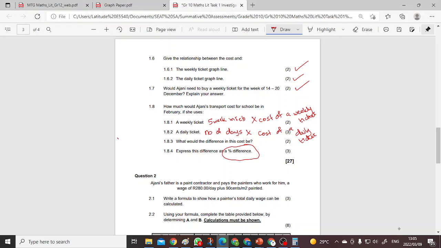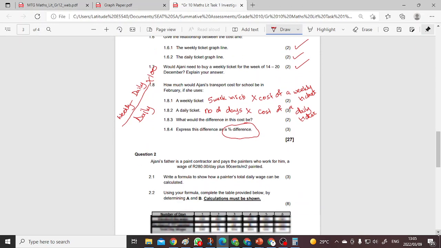It is weekly, or whichever one is higher, minus daily as a difference. So they're saying weekly minus daily. So the difference in cost, express this difference as a percent difference over this daily one times 100. Okay, that is how you do question 1 in your assignment.